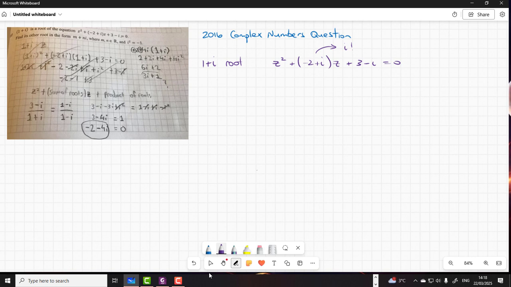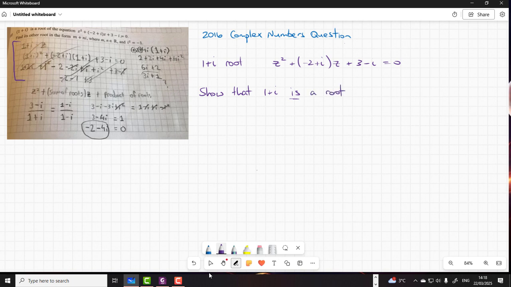The second thing to look at is, well, I kind of like what was tried up here. This answers a different question. This answers the question that says, show that 1 plus i is a root. So how does it answer that question?